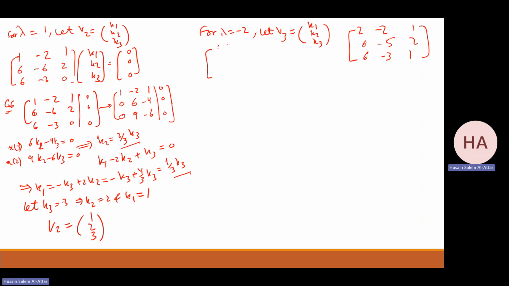So that will be 4 minus 2, 1. 6 minus 3, 2. 6 minus 3. 1 minus, that will be 3. Times k1, k2, k3 equals 0, 0, 0. So I need to solve these three equations. Find the best way to do it.